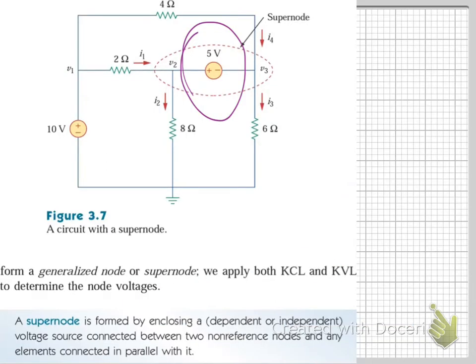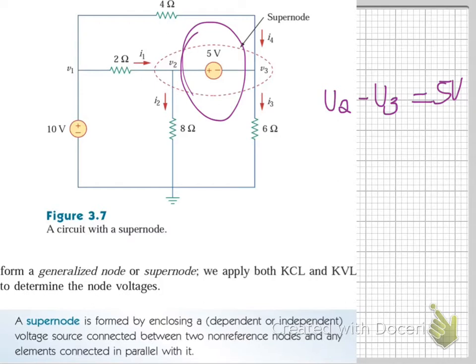With your supernode, you have an extra equation here that basically says V2 minus V3 is equal to 5 volts. That's basically what your supernode does. And then you've got an extra equation. That's what a supernode is all about.